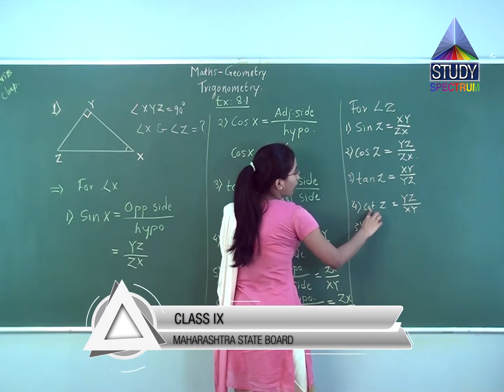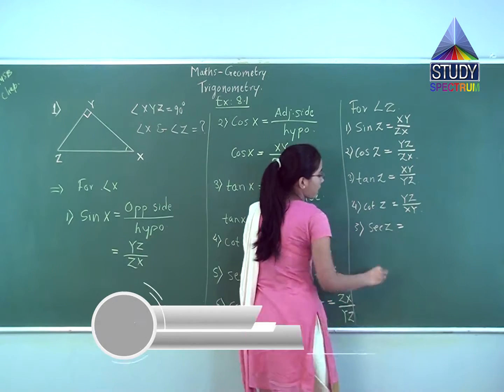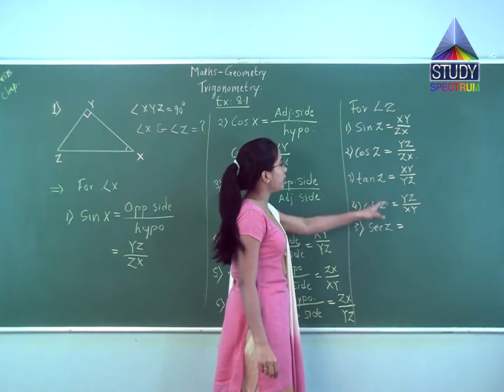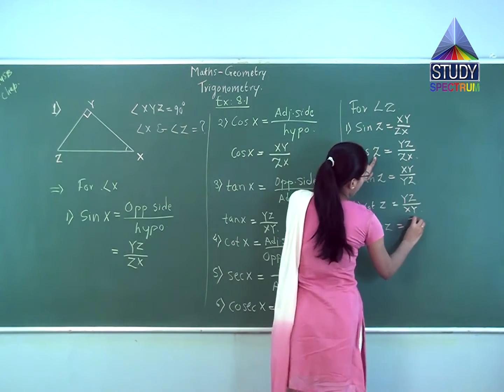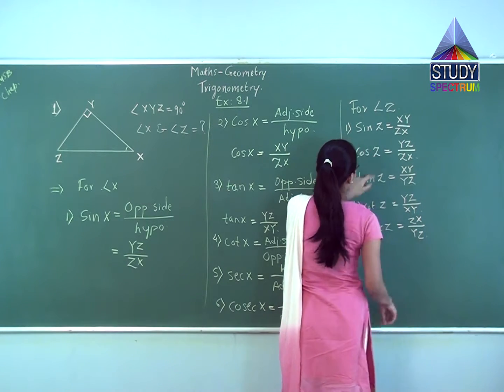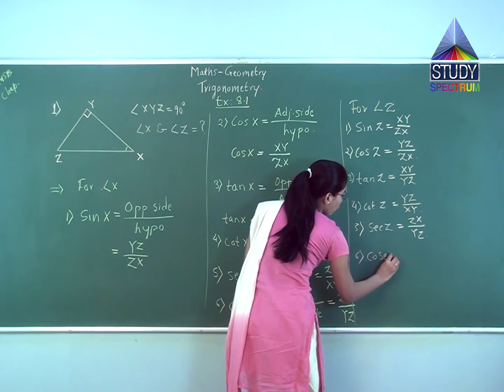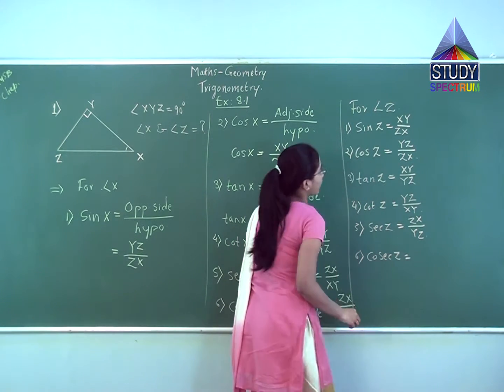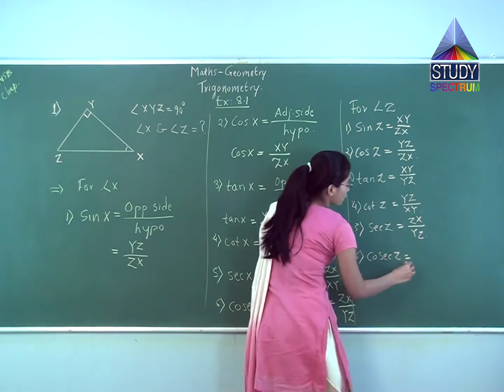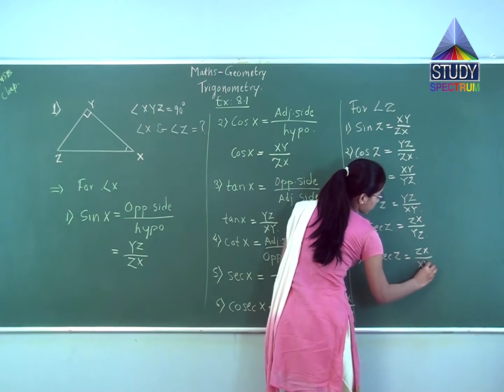Then after cot we will take sec Z. Opposite of sec Z is actually cos Z. So ZX upon YZ. Then the last ratio, cosec Z. Again it is opposite of sine. So it will be ZX upon XY.